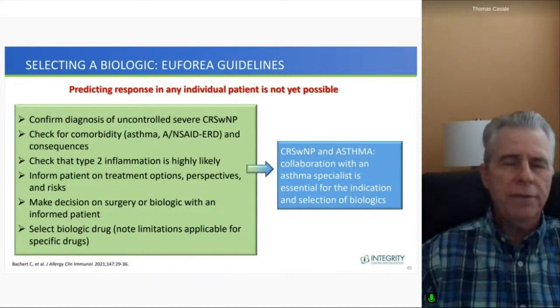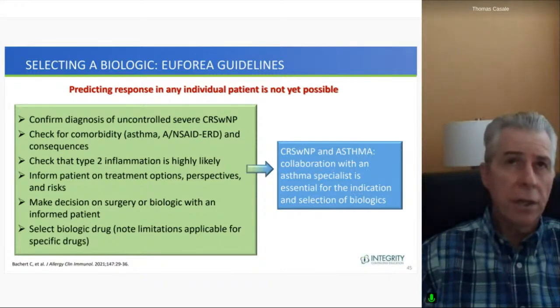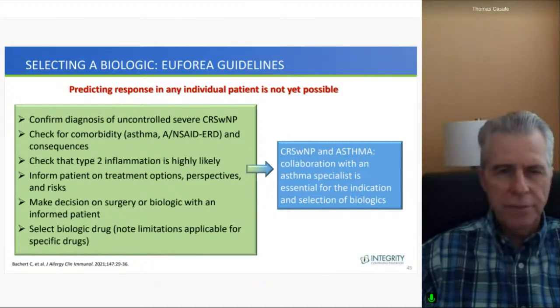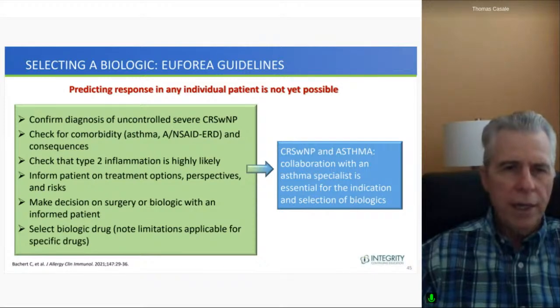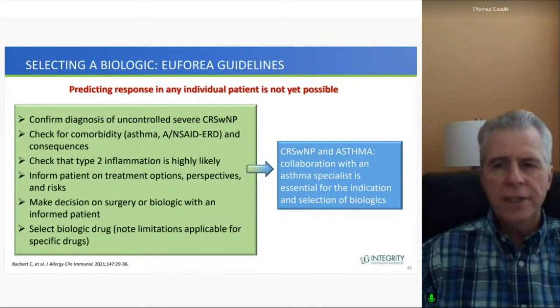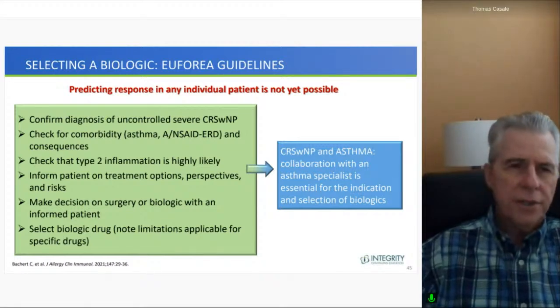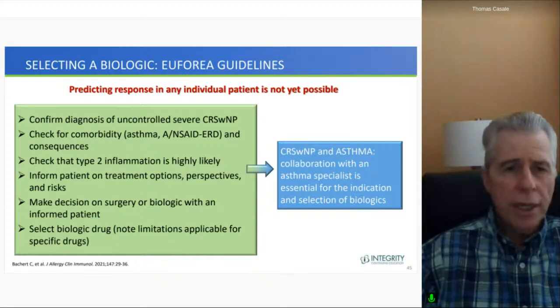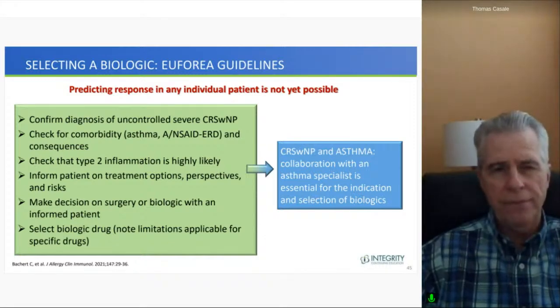If you have a patient, for example, that has a lot of Staph aureus enterotoxin produced in their upper airway, that can serve as a significant stimulus for the production of IgE. So a drug like omalizumab might be better.